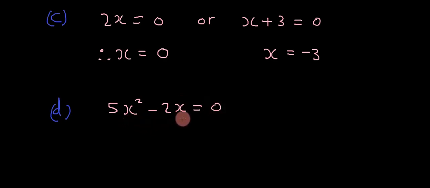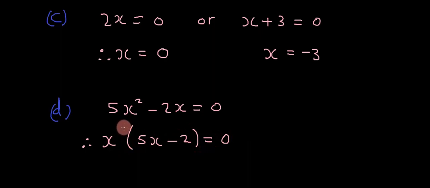Now we can take out x as a common factor here. So x(5x - 2). You have to make sure that you get back what you started with when you multiply out. x times 5x will give us 5x squared, and x times negative 2 will give us negative 2x.